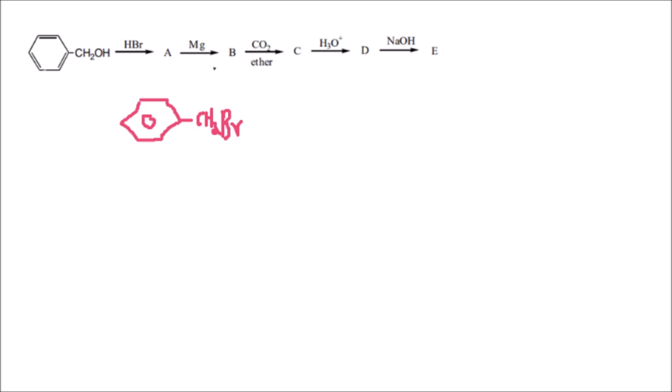And this compound is going to react with the magnesium. Usually when we have an alkyl halide, it can react with the magnesium to synthesize the Grignard reagent. So the magnesium is going to enter right between the CH2 and the bromide.